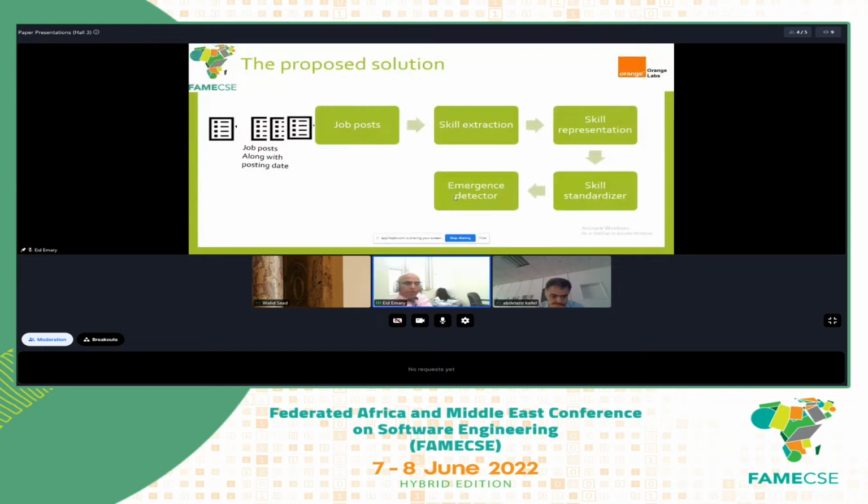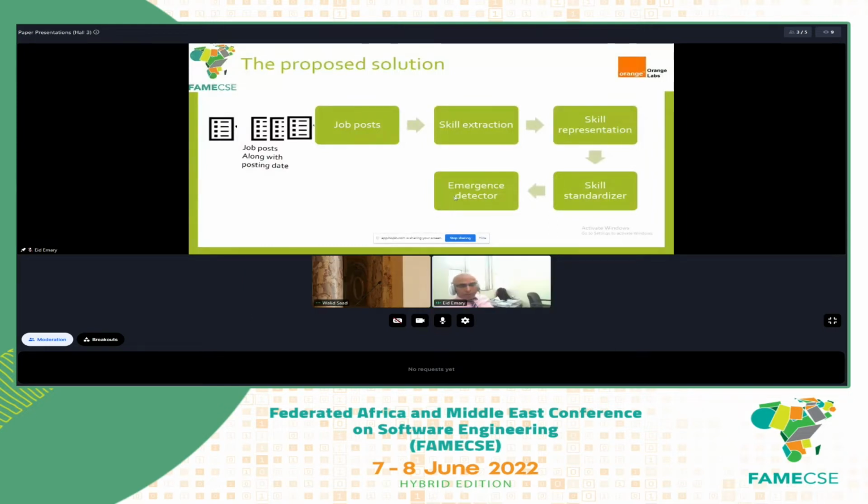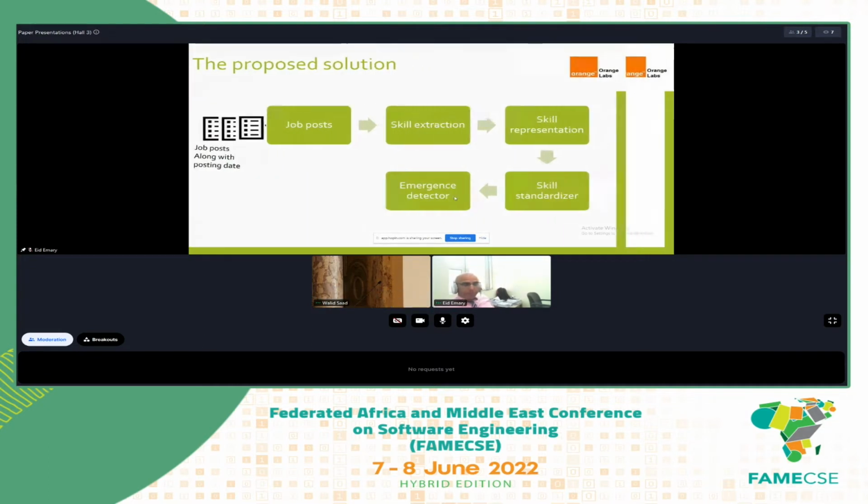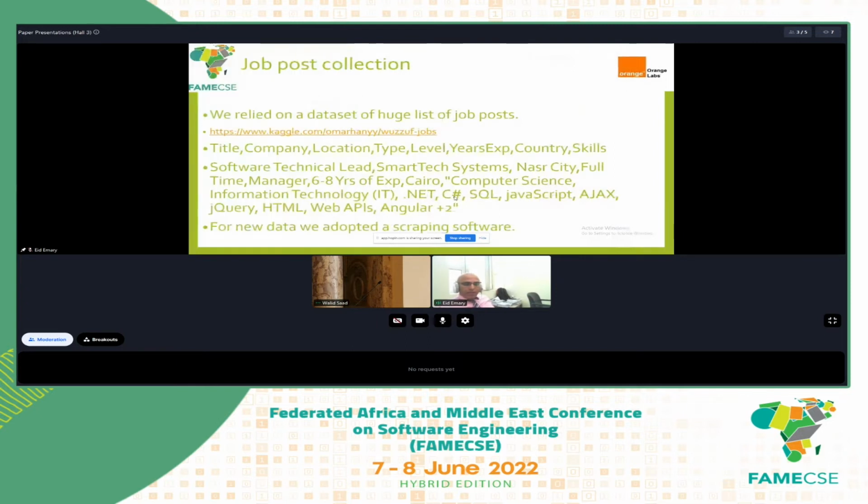In here, we are talking about the generic framework for our proposed system, which is composed of job posts, skill extraction, skill representation, then skill standardization, and after that, we reach the emergence detector system. At first, let's talk quickly about the job post collection phase.